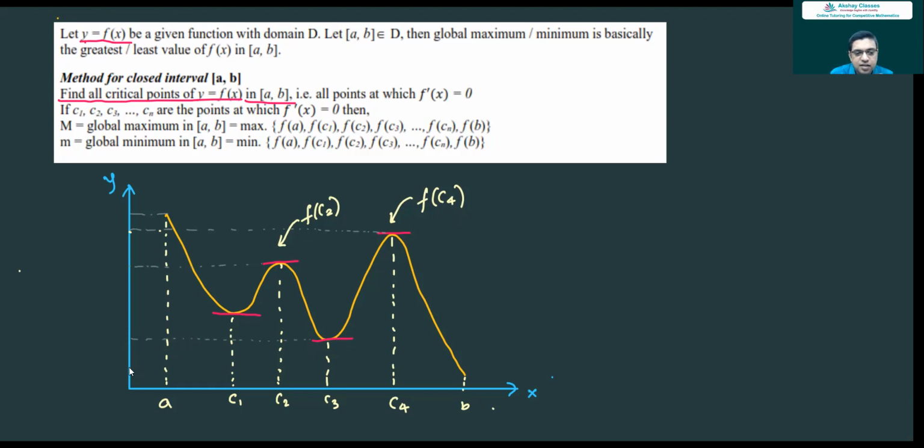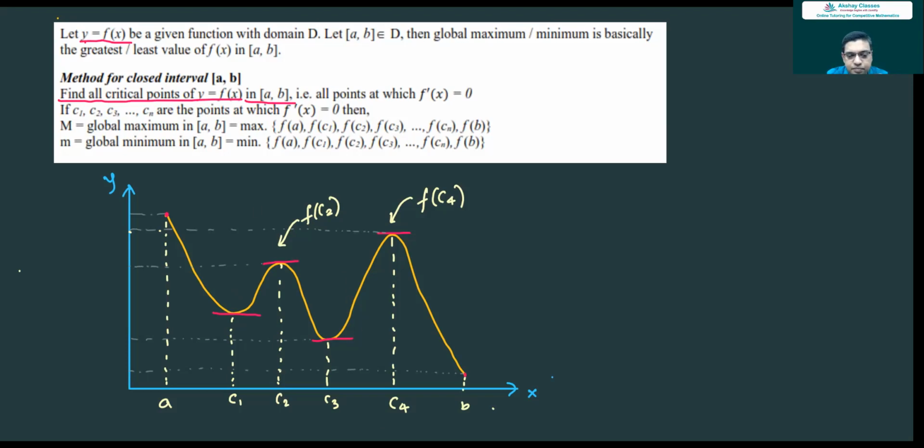However, f of B is lower than f of C3. So here we can see that f of A is the greatest value and f of B is the least value, although there are 4 critical points. None of the critical points gives the global maximum or global minimum.